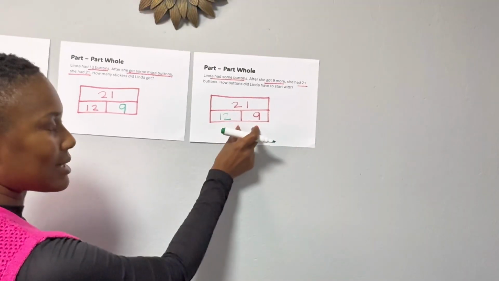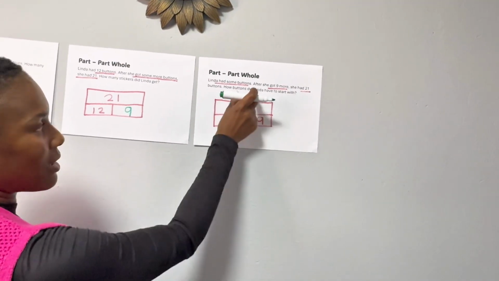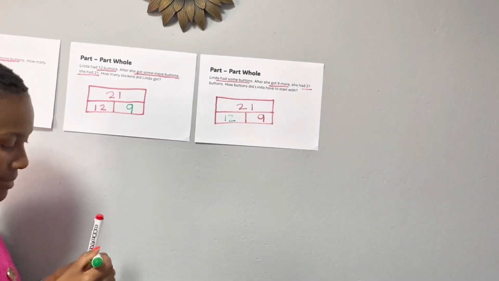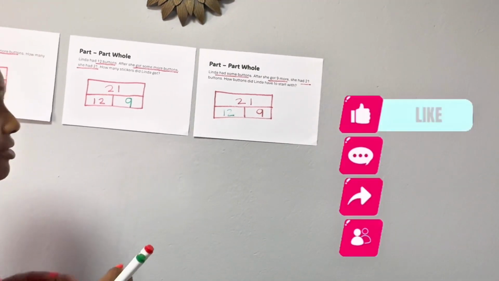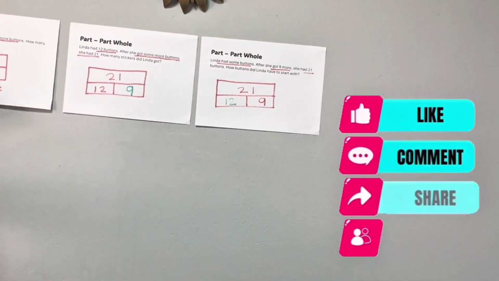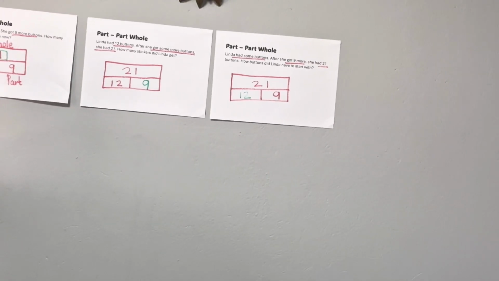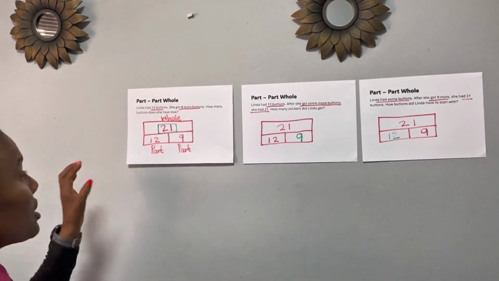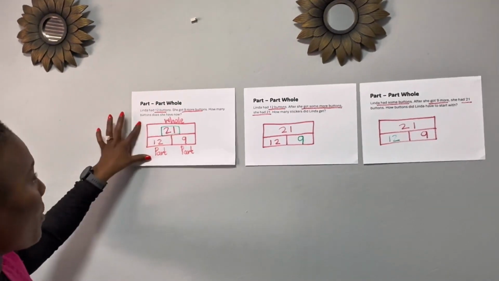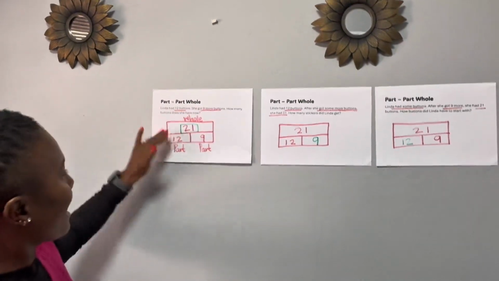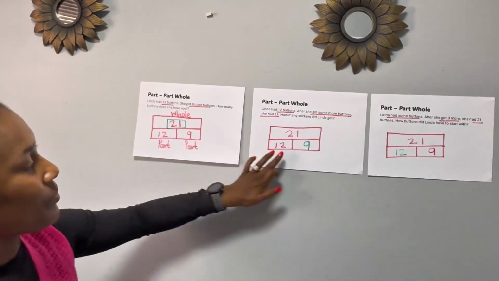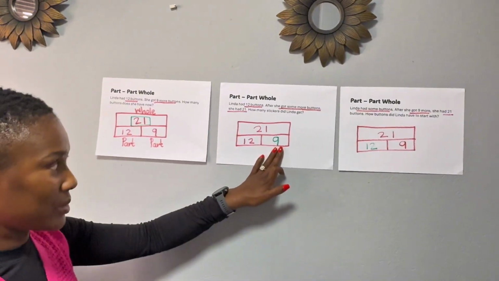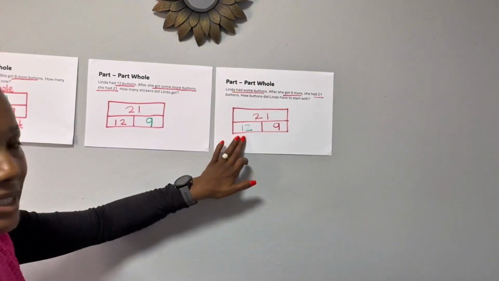These two parts make up the whole. Now, let's do a quick recap of the sum. The first sum that we did, the visual representation structure of this was whole unknown, change unknown, start unknown.